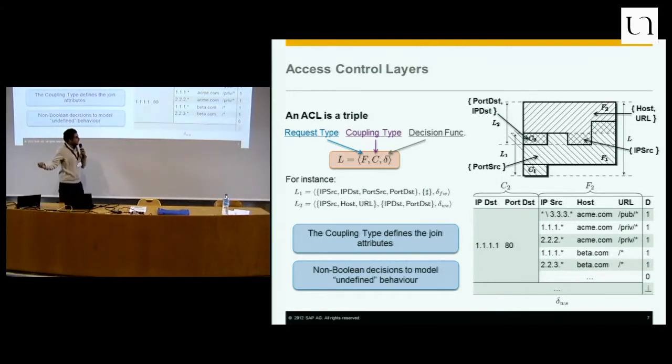And you see here also why we needed to think about non-Boolean relations, because we need to model the fact that we cannot know what happens for all the possible IP addresses and ports, because some may not even make sense in a particular context, depending on network configuration and so forth. So the idea is that for this particular example, we only know about a single web server running on this IP and port, and for all the others, we have an additional kind of undefined decision represented as a bottom symbol in the table.